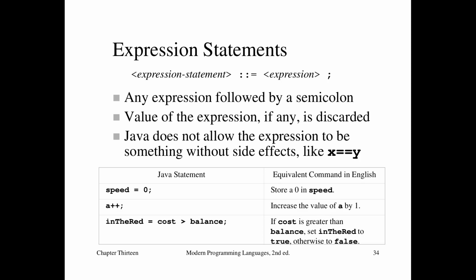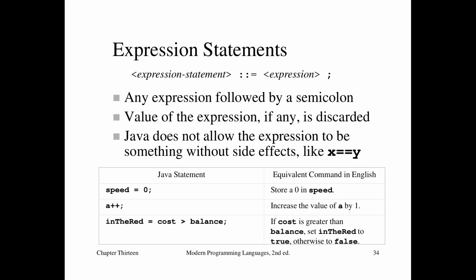Note that Java does not allow the expression to be something without side effects, for example x == y. There's no side effect to this. It just checks something and returns true. So we have to have something else going on in order for it to be an expression statement.